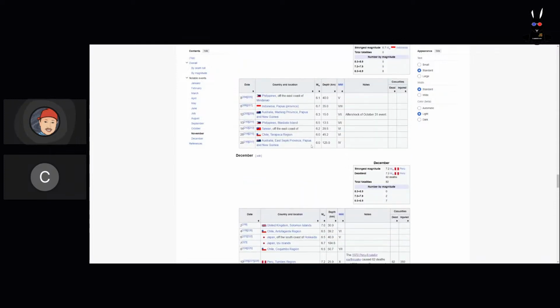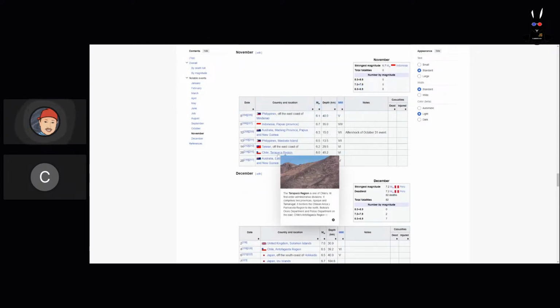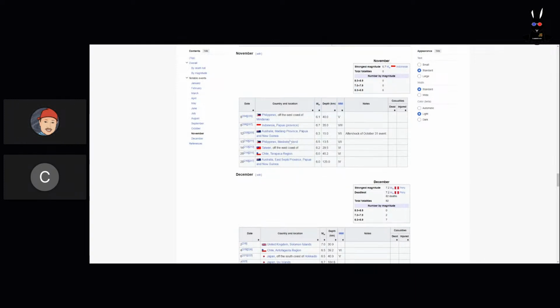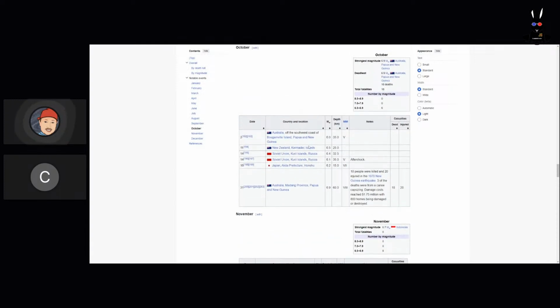It's going up to November. Tarapacá, Chile again. It looks like Papua was going crazy for months. The Kuril Islands had a 6.4.